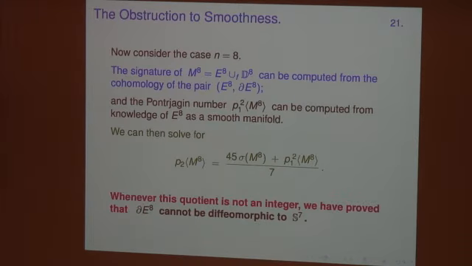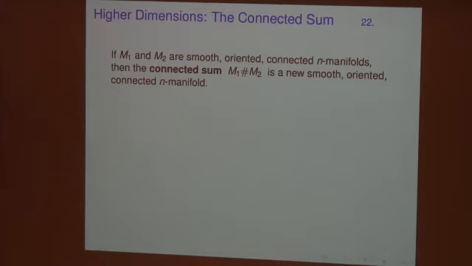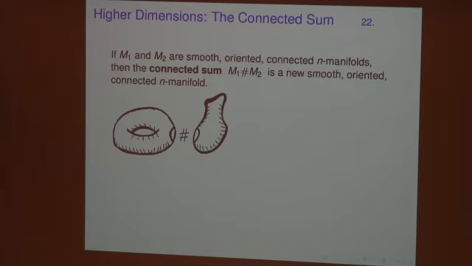Well, now I want to describe a little about what happens in other dimensions. So let me first of all describe a simple way of putting manifolds together in any dimension. Suppose that we have two oriented connected manifolds of the same dimension. Then the connected sum is a new smooth oriented connected manifold. And the construction is the following. Here are two manifolds that we want to add. We embed a standard closed disk in each one.